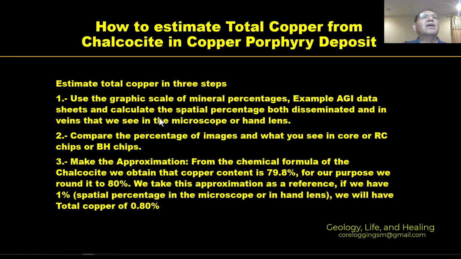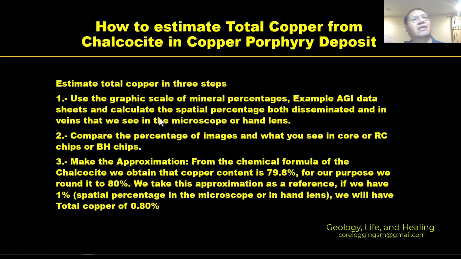This is the reference. And number two, the percentage of the image that we see in the rock, in the core, and reverse circulation chips and plastic chips, we are going to compare. We're going to make an estimation, and we are going to be ready for the third part.